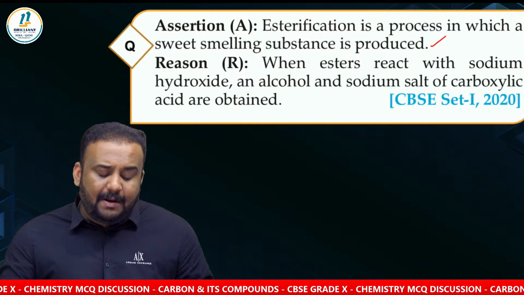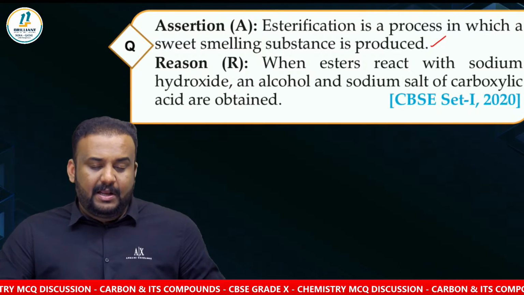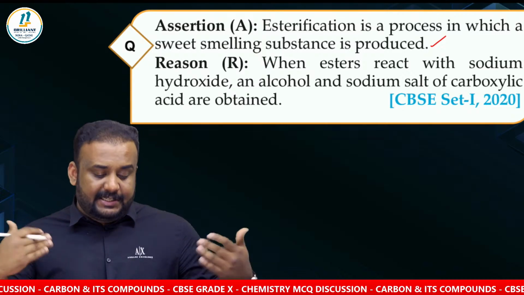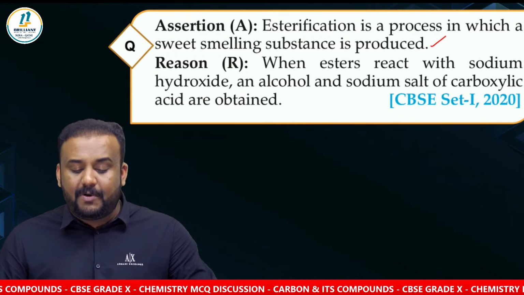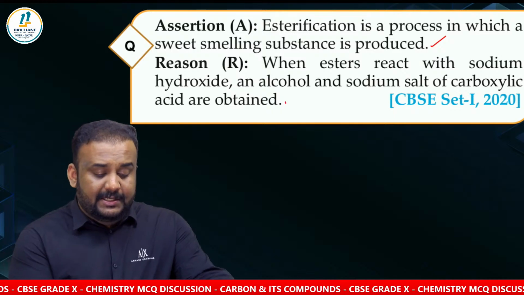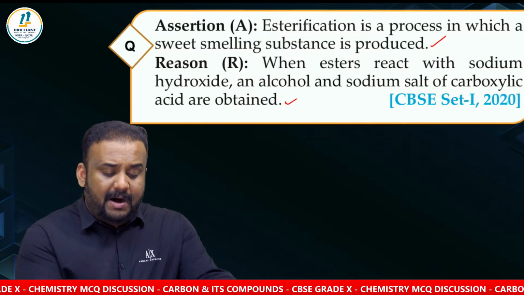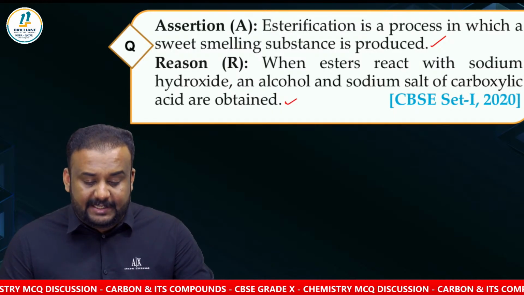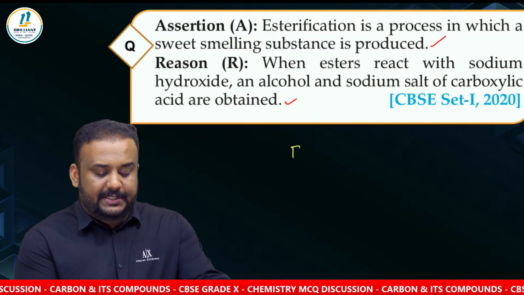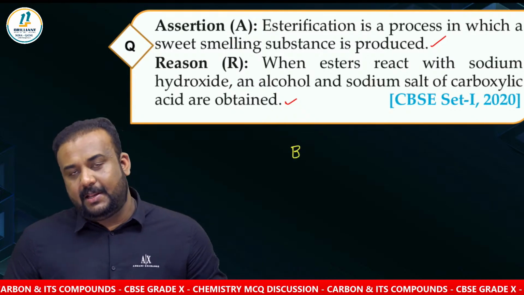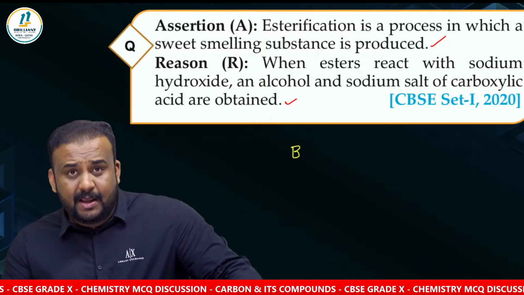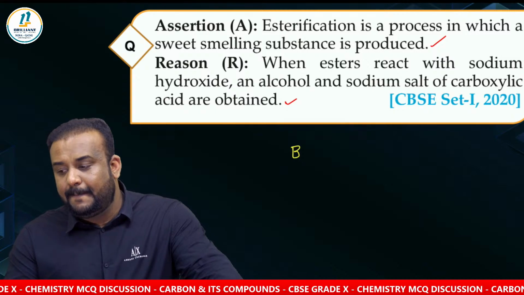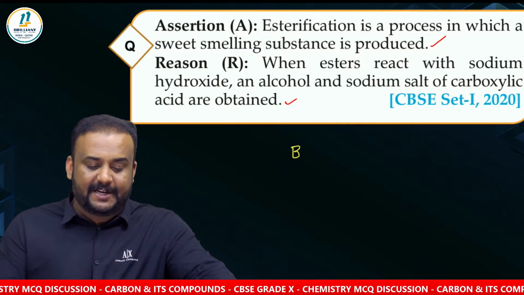That statement is actually true, right? That's called saponification. But is it the correct explanation of the assertion? No, it's not. So it is going to be option B. Assertion and reason statements are true, but it is not the correct explanation of the assertion. Yes, perfect.